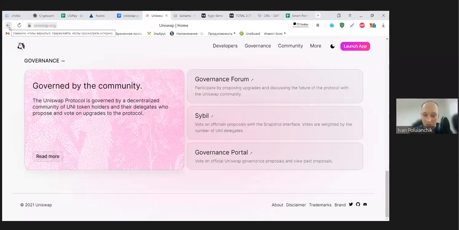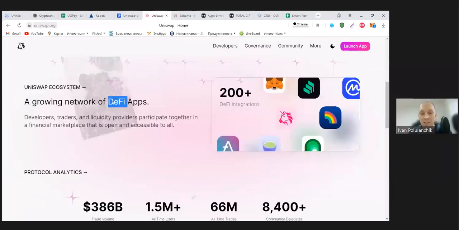This is a decentralized exchange, one of the first, where trading is on smart contracts, and on such exchanges no one may block your account. Accreditation is done without verification. It is on blockchain, and the product of it is the DeFi industry, decentralized finance. It is under smart contracts.